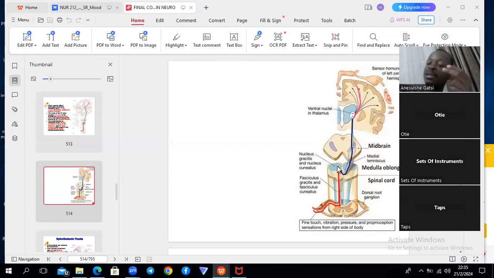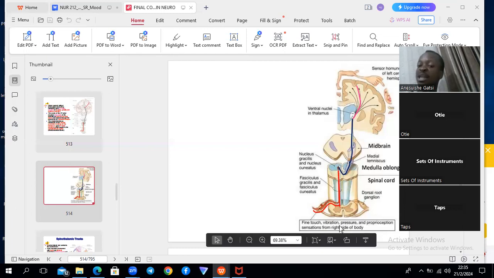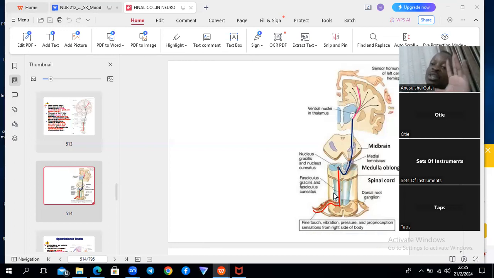So this one, the first order neuron is the one in the spinal cord. I remember I said the first order neuron is a neuron that brings information from the periphery to the CNS. Then the second order neuron is the one that decussates. So the second order neuron is this one, where the internal arcuate fibers are decussating. Don't worry about the technical terms for now.